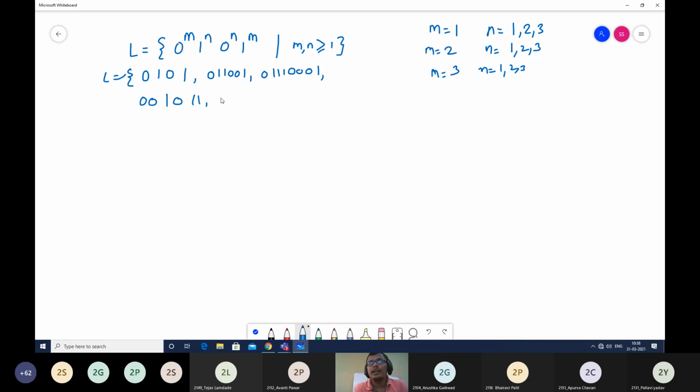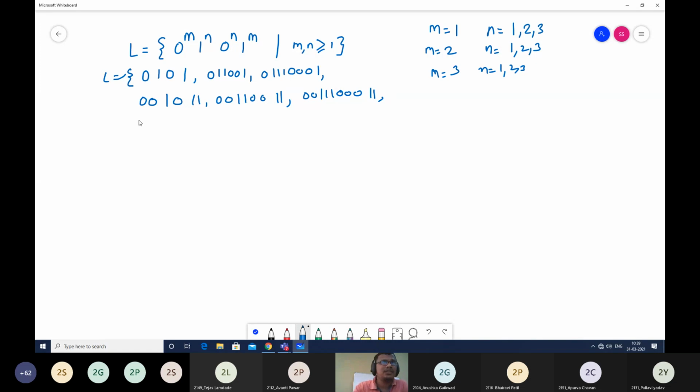Then next I have 2 zeros and 2 ones outside, m is 2, with n again as 2, I'll have 2 ones and 2 zeros inside. Again, if I take the value of n as 3, then I'll have 3 ones and 3 zeros inside. Correct? Now all of this is with the value of m as 2.